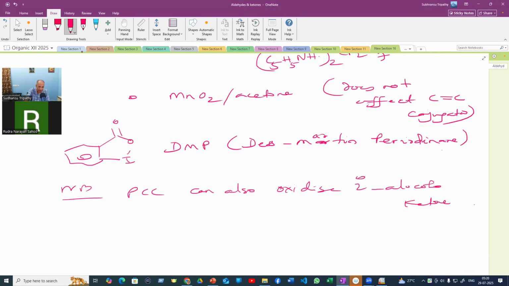It's a very complicated structure, and there are three acetate groups. Such a complex structure. This is famously called Dess-Martin periodinane. That nowadays is very, very popular for selectively oxidizing 1 degree alcohol to aldehyde.